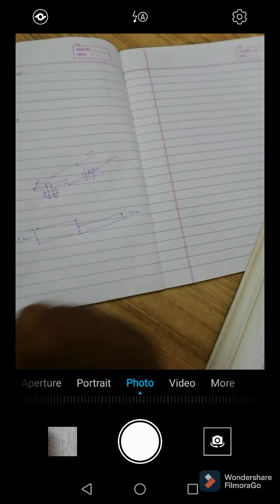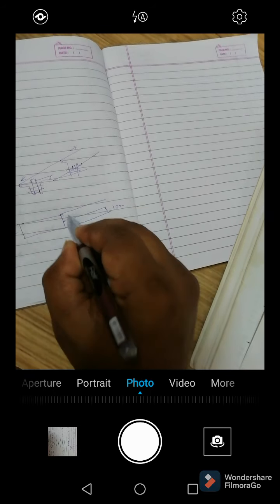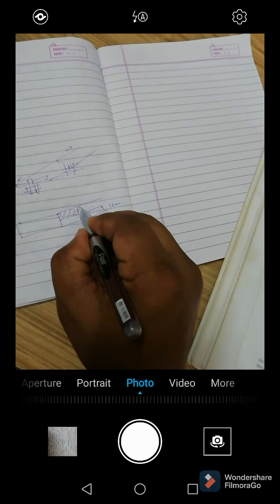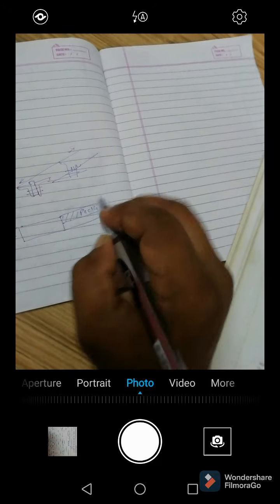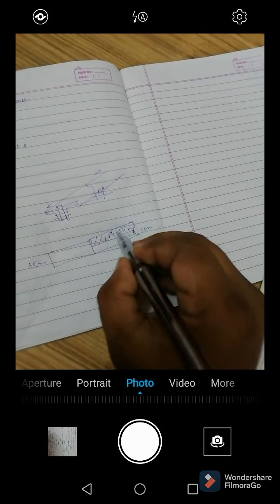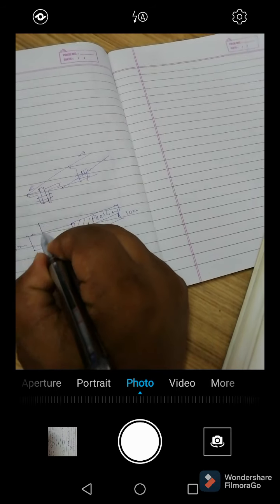If you provide any material here, this is called the packing. This is called packing. So now we are going to provide the bed joint.